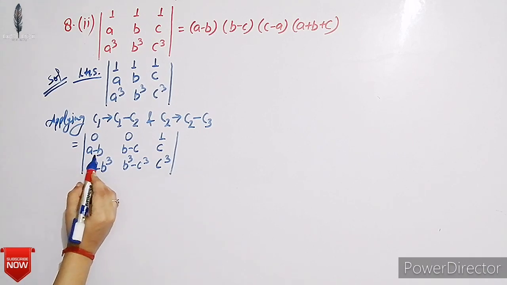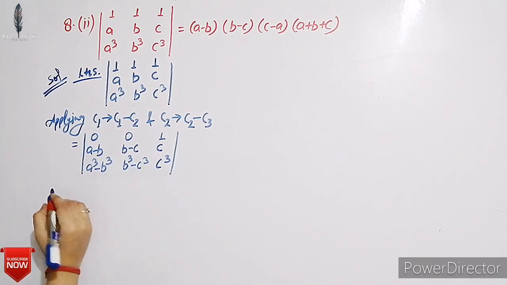Now taking A minus B common from C1 and B minus C from C2.